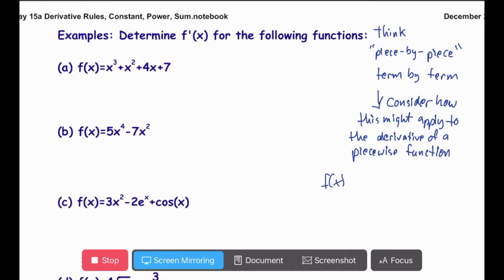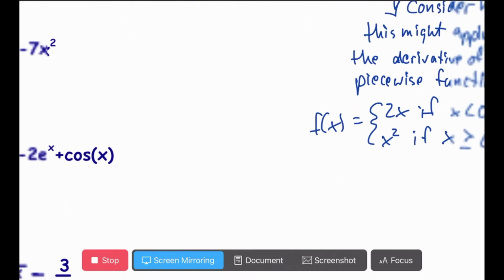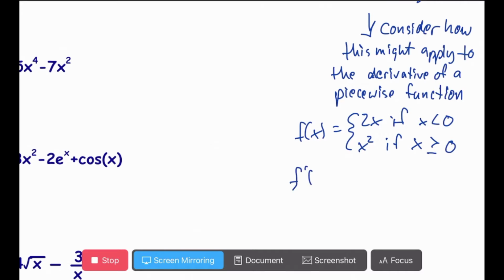So if f of x is equal to 2x if x is less than 0, and x squared if x is greater than or equal to 0, then we'll have our derivative f prime of x is equal to 2 if x is less than 0, and 2x if x is greater than or equal to 0.